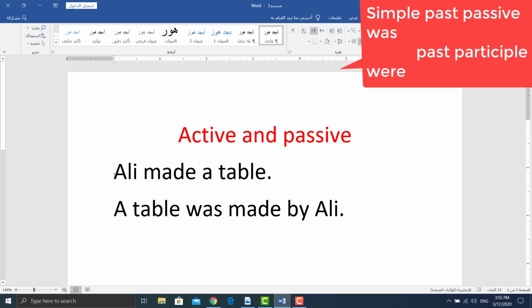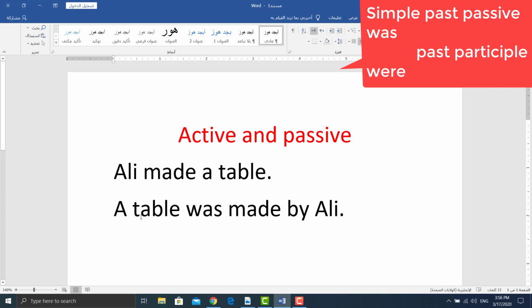When I say Ali made a table, we agree that this is an active sentence. It starts with subject, followed by a verb, followed by an object.